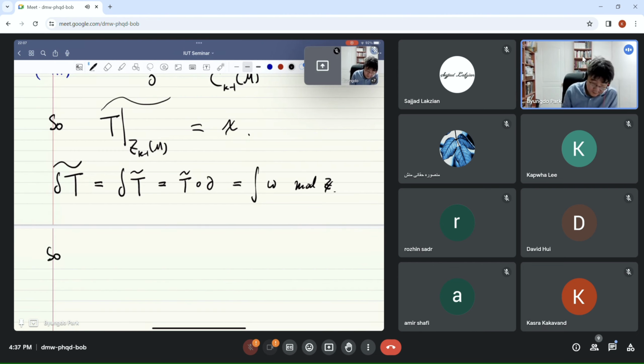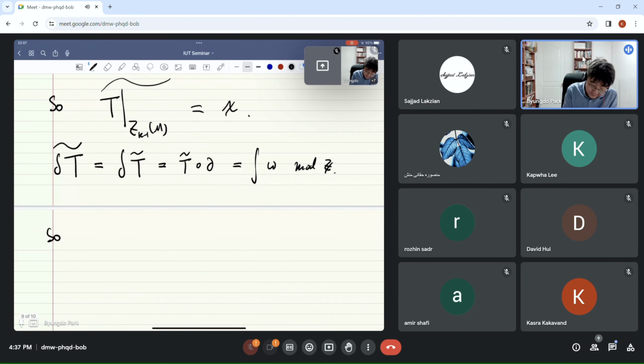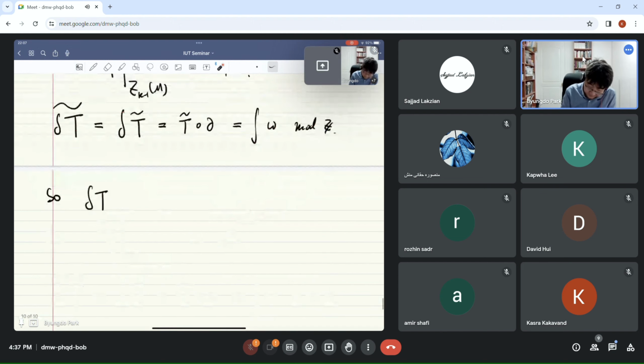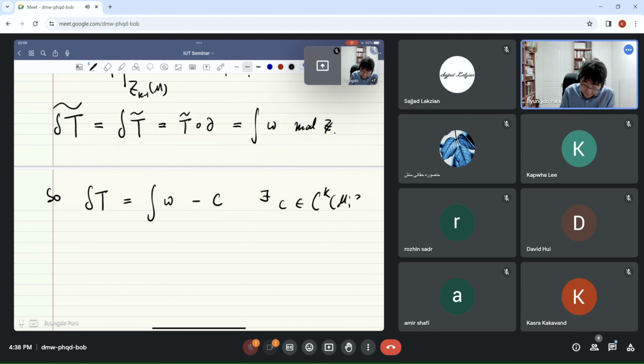So we can say this co-boundary of the real cochain T, and this T is a real cochain because it takes chains to reals, is the same as the integration of omega minus some c, where c is some integral k-chain.